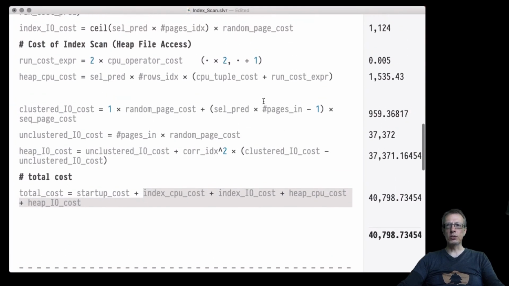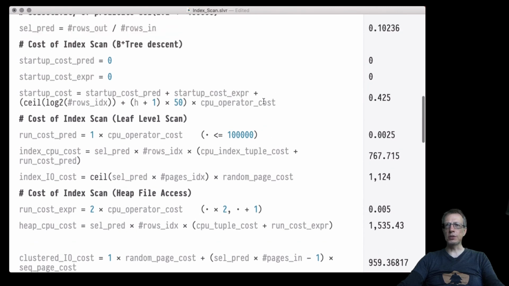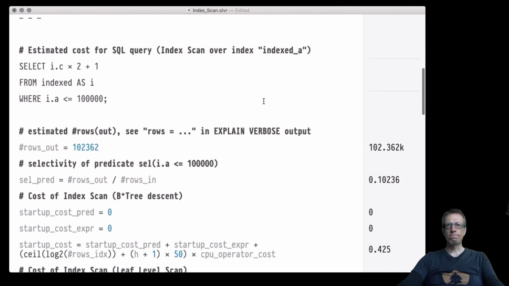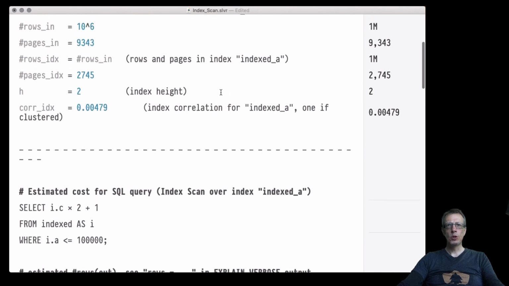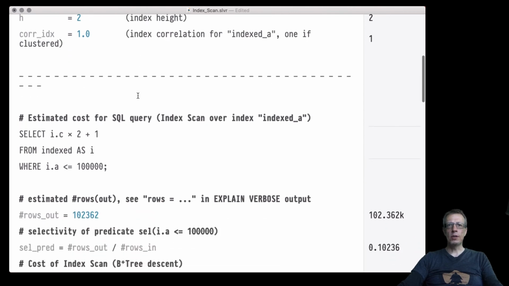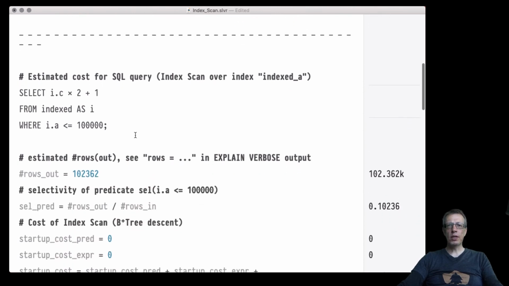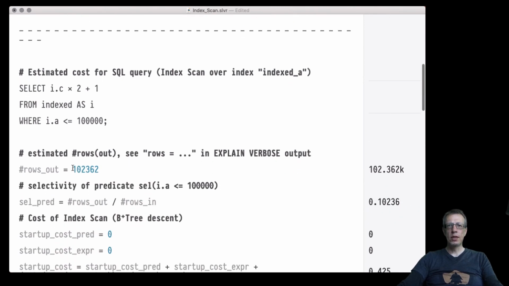Here we are again. So let's adapt all of these parameters. So nothing here has changed. Of course, the correlation of the index has been changed. It's 1.0 now, the perfect case. Okay, well, the selectivity of the predicate has been reassessed by the system because we have run an analyze that led to a different sample of rows.